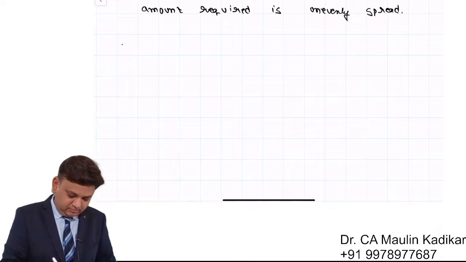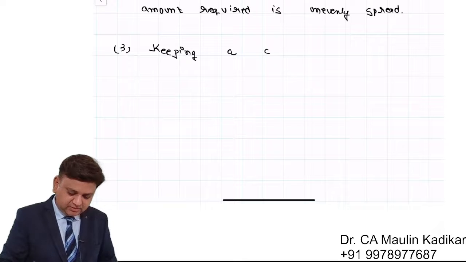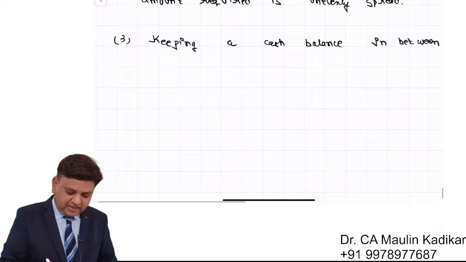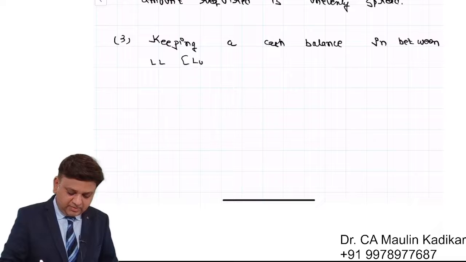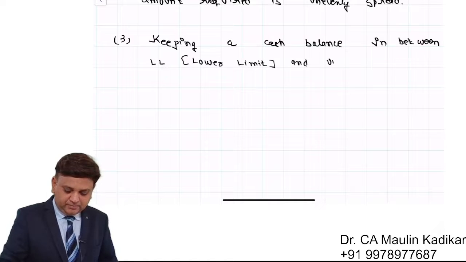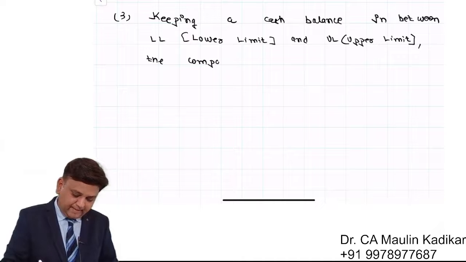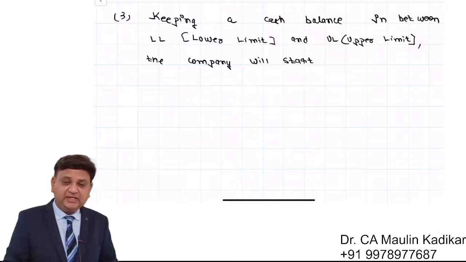Third point, keeping a cash balance in between LL, in bracket write down lower limit, and UL, upper limit, comma, the company will start implementing the theory.